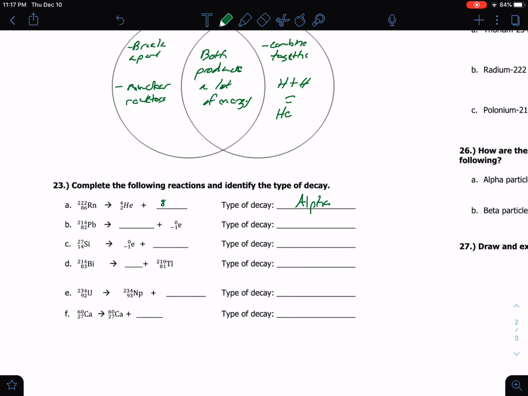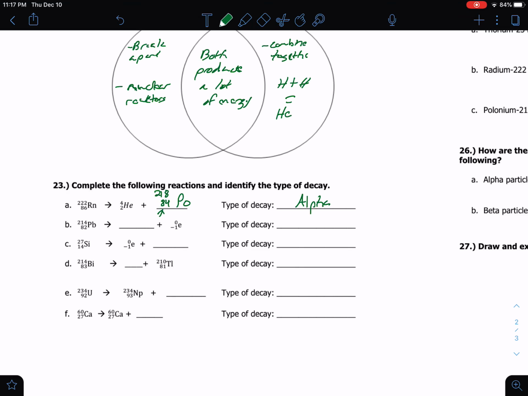That means 84 is going to be on the bottom. I have 222 on the top left, and I need 222 on the top right. So what plus 4 gives me 222? This will be 218. Since I have a new atomic number, 84 is different than 86, this is now polonium.